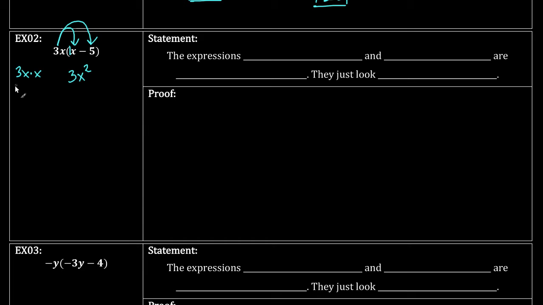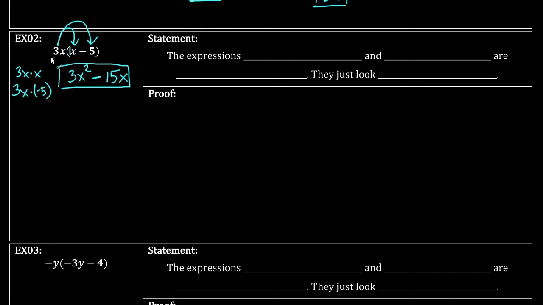The next time we multiply 3x times 5, and we treat the 5 like it's a negative. 3x times negative 5. So a positive times a negative is a negative, so minus. 3 times 5 is 15. x, there's no more x.